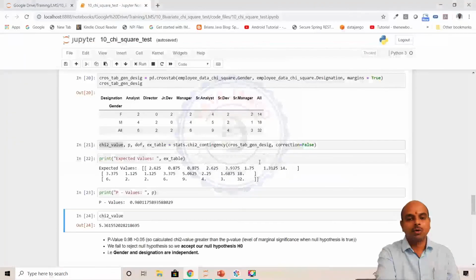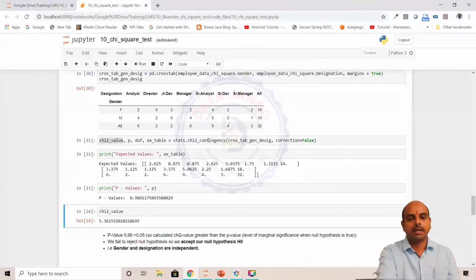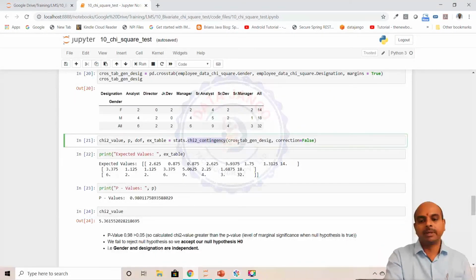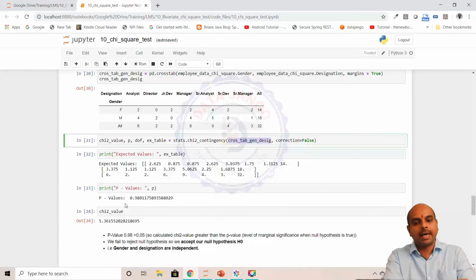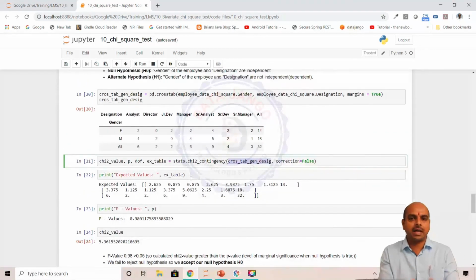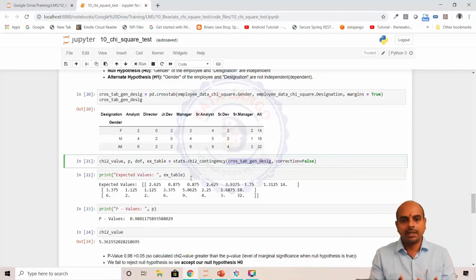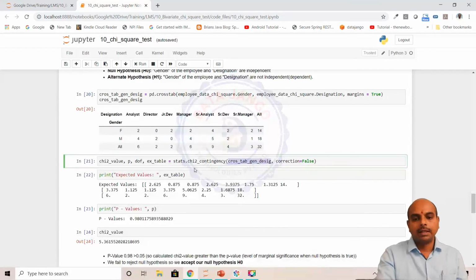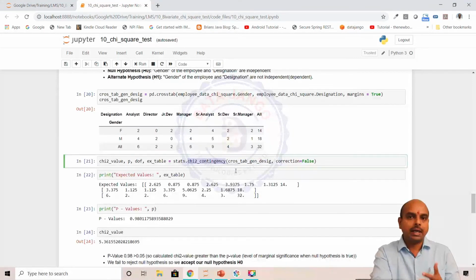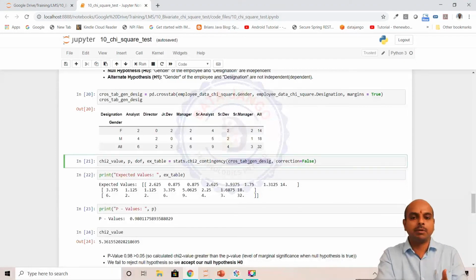And in our code, we have the chi-square contingency method, which takes the contingency table, calculates the expected values, applies the chi-square formula and calculates the p-value and chi-square value and all that. We just need to understand the concept. The methods are already there. The question I tried to answer here is why the chi2 contingency method needs a contingency table: because to calculate the expected values, you need a contingency table.